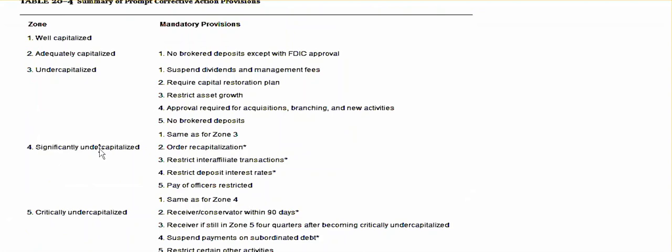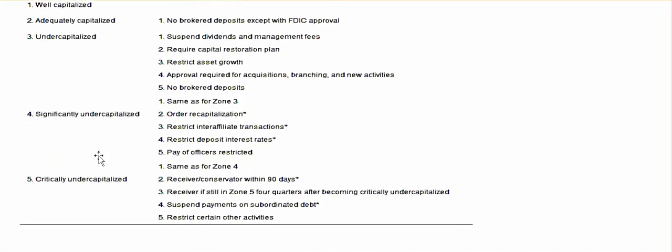If it's classified as undercapitalized, now we can see that there's a lot more restrictions here. They can't pay dividends. There's going to be restrictions on fees that management can collect, and plus everything above. And so as we keep going worse here, all of the above restrictions will be in place, and then in addition to the other things.